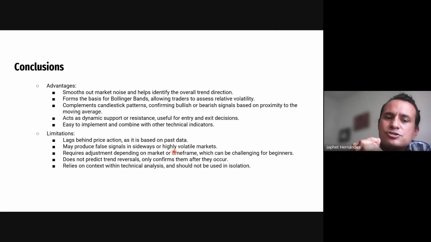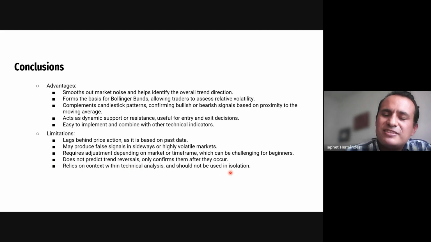And it requires adjustment depending on what market you are working on. So for beginners, it might be challenging. Another thing is that trend reversals are not well predicted by a moving average. The moving average can only confirm the reversals after they happen.